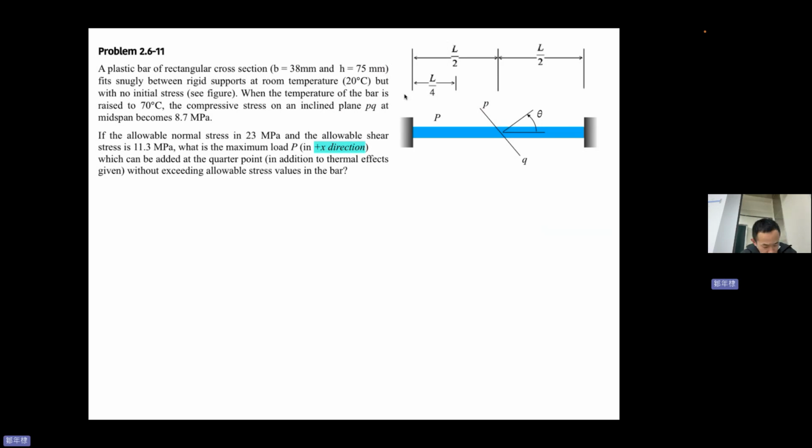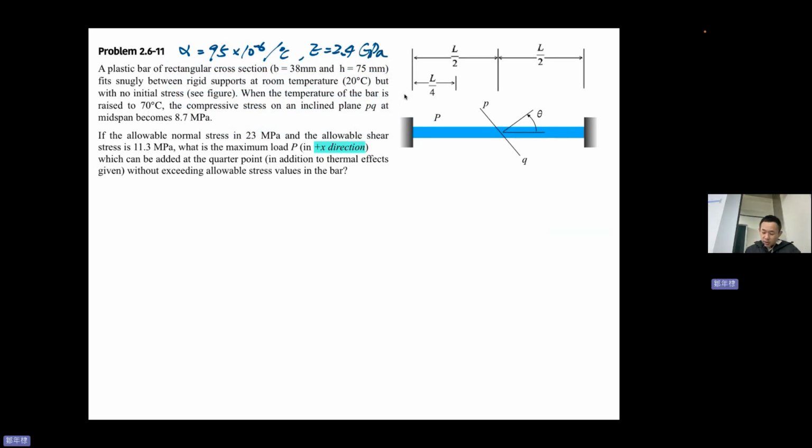Did I miss something? Oh, okay. I guess they have alpha equal to 95 times 10 to the minus 6 per degree C, and E equal to 2.4 GPa. So more information is needed, and I give you this one.